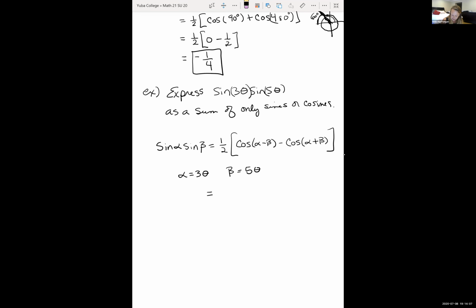Plugging those in, we get 1/2 cosine of 3 theta minus 5 theta, this is negative 2 theta, minus cosine of alpha plus beta. 3 theta plus 5 theta, that's 8 theta.